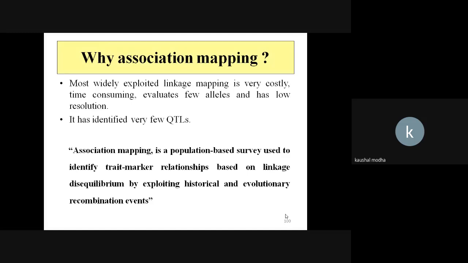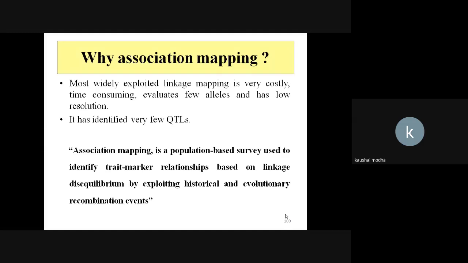And linkage mapping considers real-time recombination, meaning recombination which took place during the development of that population. Like for double haploid, recombination occurs in F1 meiosis only. We take advantage of that recombination only, where the chance for recombination is given only once, in F1 meiosis.